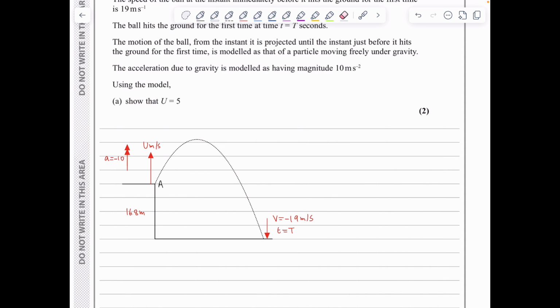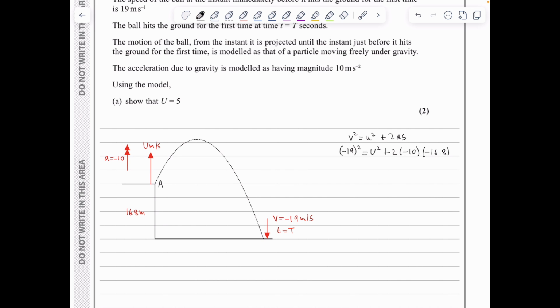Now I'll be using SUVAT equations to proceed to show that capital U is equal to 5. So we've got v squared is u squared plus 2as. So we've got minus 19 raised to the power of 2 being equal to capital U squared plus 2 times the acceleration of negative 10 times the displacement, which is minus 16.8 because the point at which we hit the ground is 16.8 meters below the launching point here, so the displacement is negative.